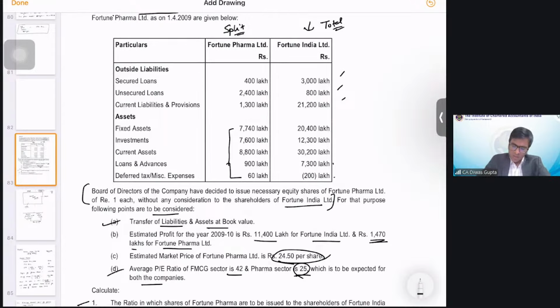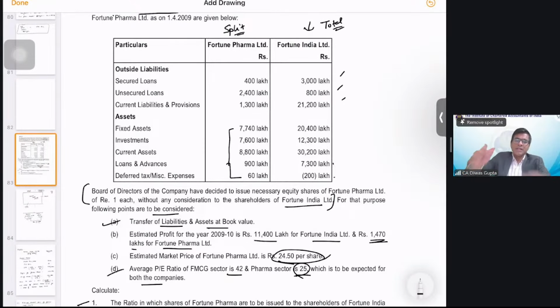This is for Fortune Pharma Limited, 25,100. And then Fortune India Limited is 20,400 plus 12,300 plus 30,200 plus 7,300 minus 200. Yeah, so 70,000.